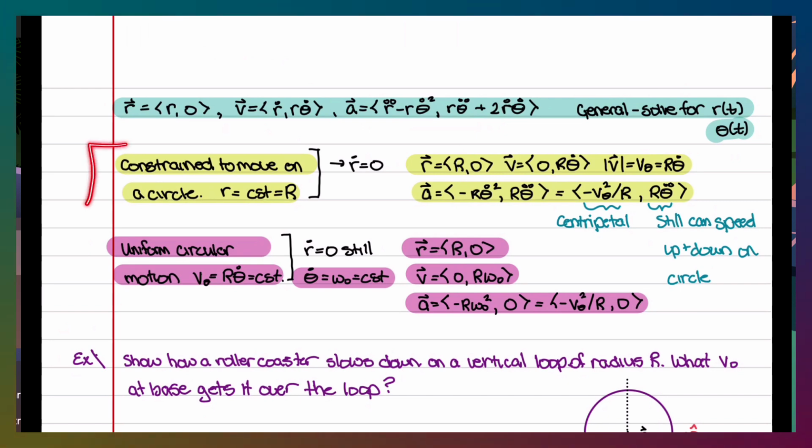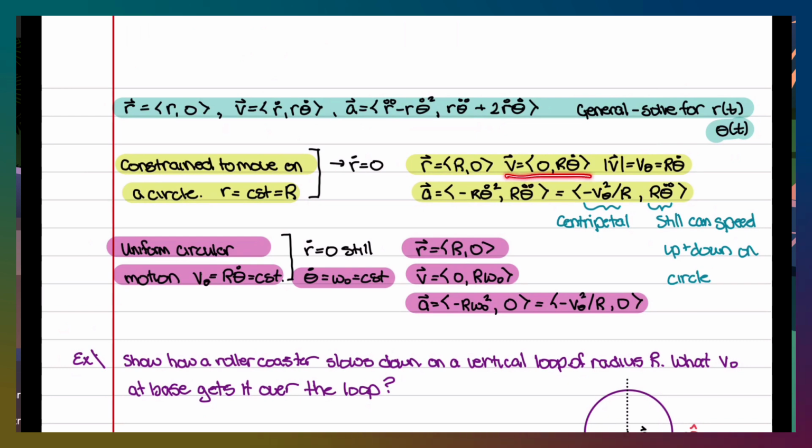If I then know I'm also constrained to move on a circle, like suppose I know I'm on a circular track, or I'm on a roller coaster or something, then I know r is constant. The distance from the origin will be a constant, which then means the derivatives will vanish. And then my life simplifies a little bit. Position just becomes the constant r comma 0.